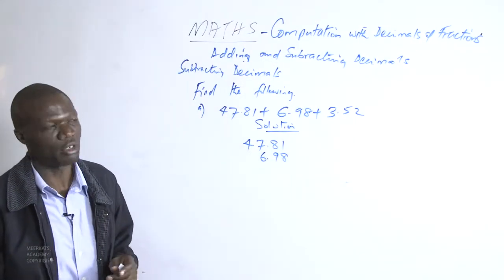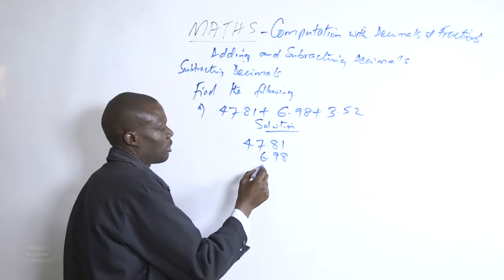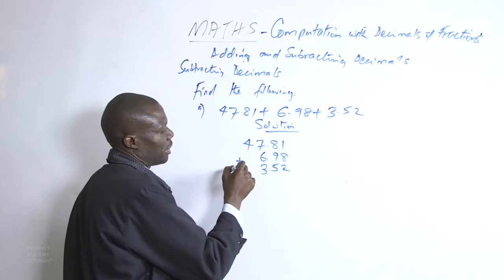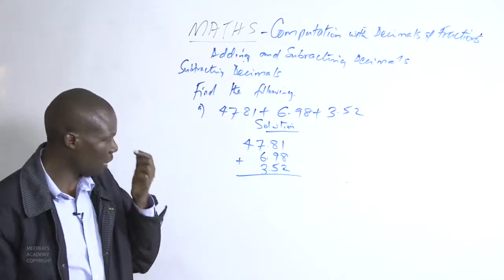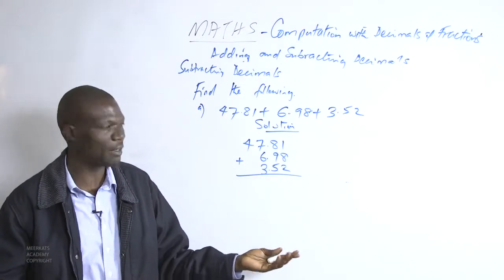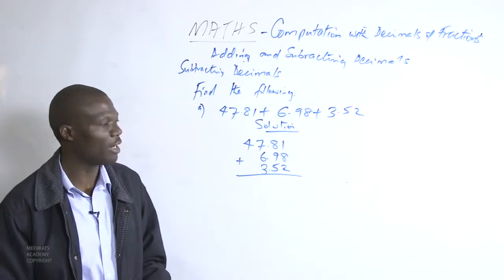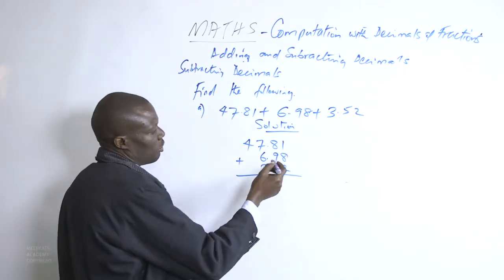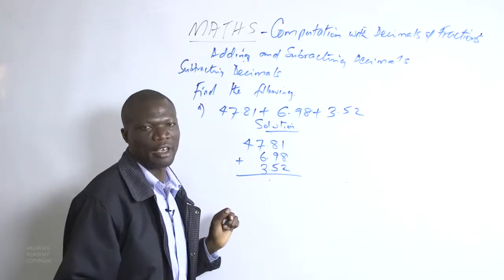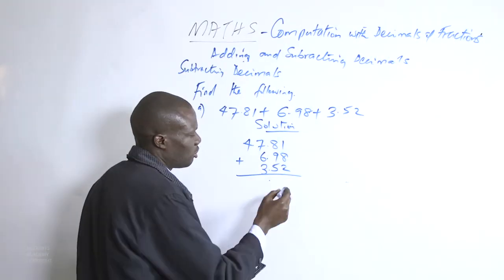The last one, 3.52, 3 falls in the column of ones, so 3, then 5, then 2. We are adding. For this particular case, it is easier because the number of decimal places is the same for all our numbers.